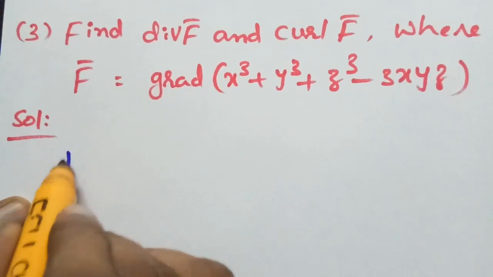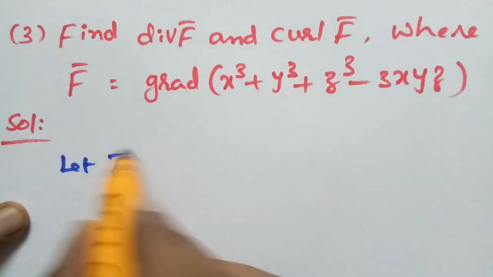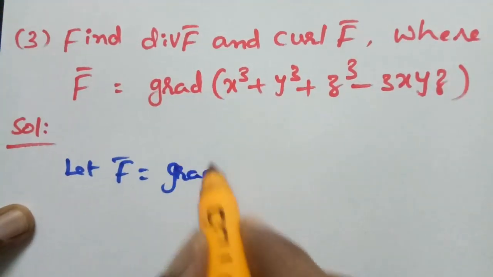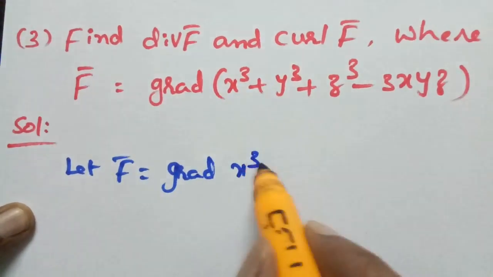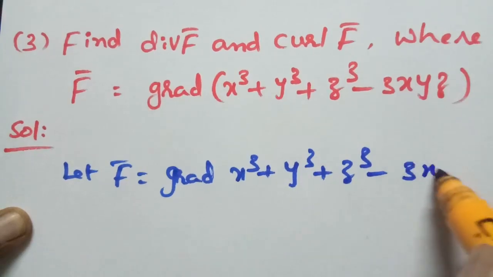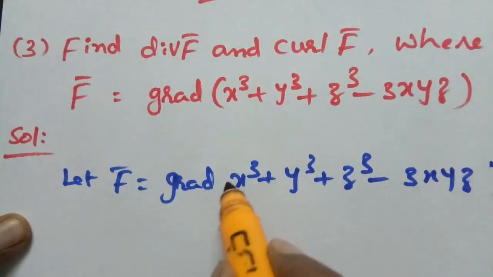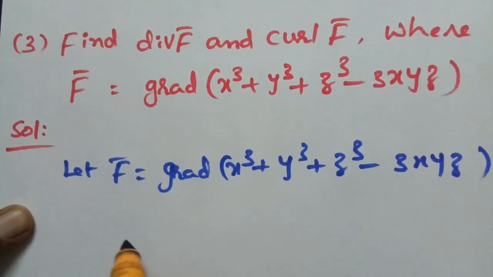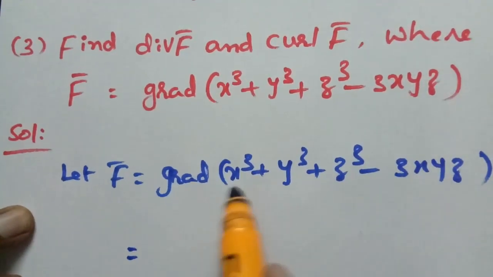F bar is equal to grad of (x cube plus y cube plus z cube minus 3xyz). Therefore, this is equal to grad, that is del, of it.